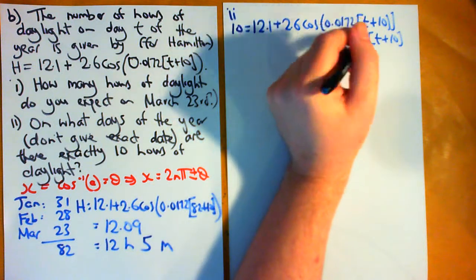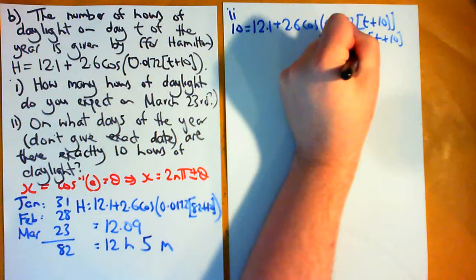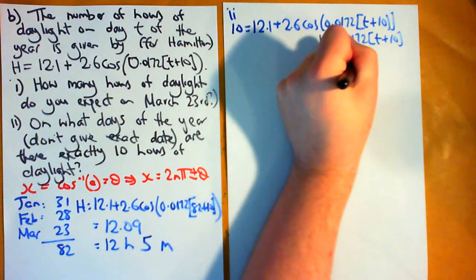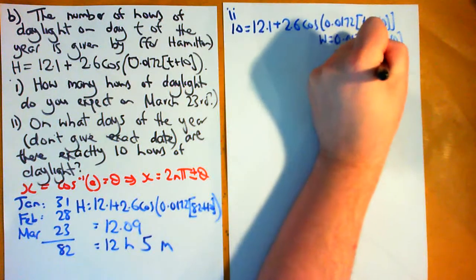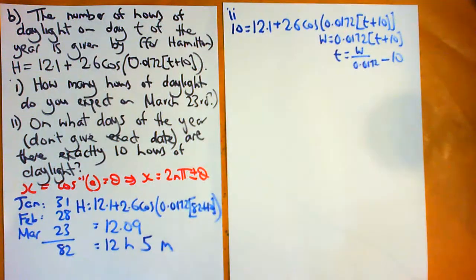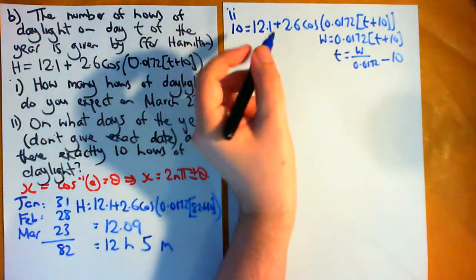And if we subtract 10 from both sides to get t, we have t is W over 0.0172 minus 10. Okay, so that is our W and our rearrangement.